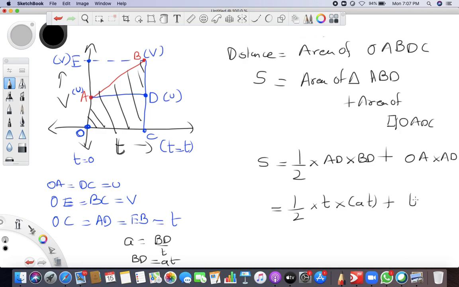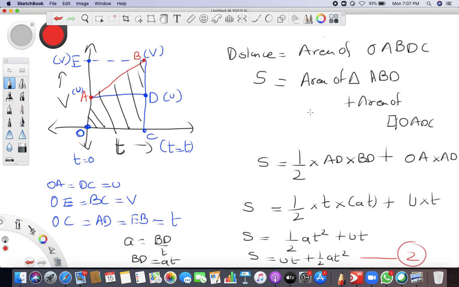What is your OA? U. And what is your AD? T. So S is equal to half AT square plus UT. If we rearrange, we get S is equal to UT plus half AT square. And this is your second equation of motion.